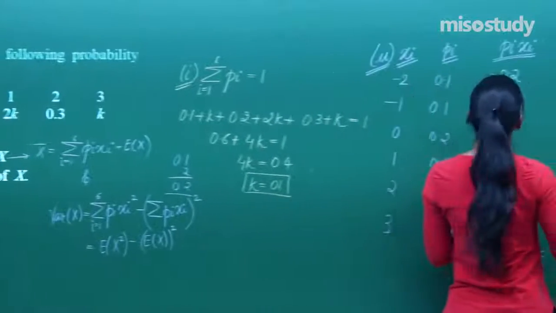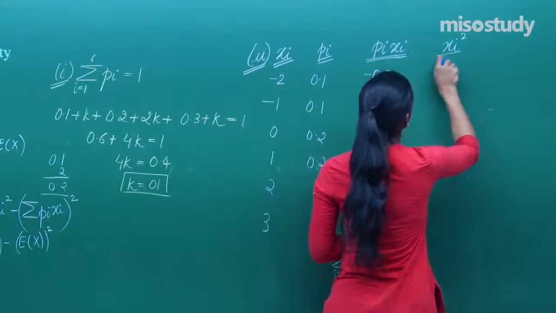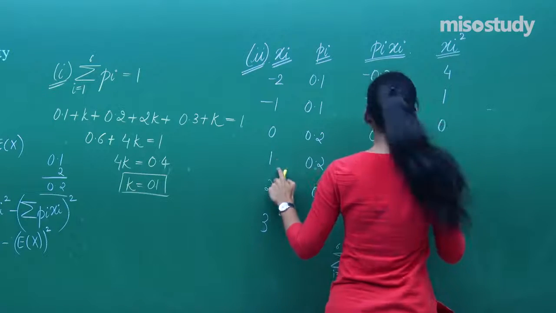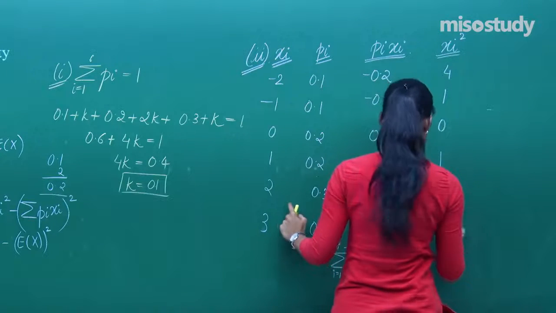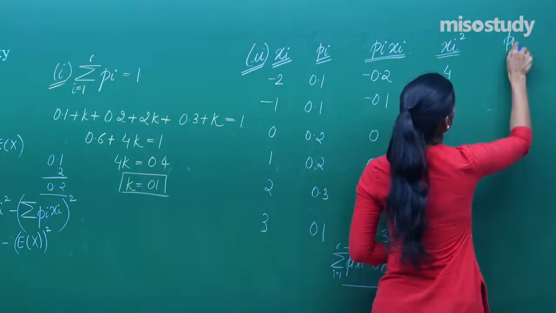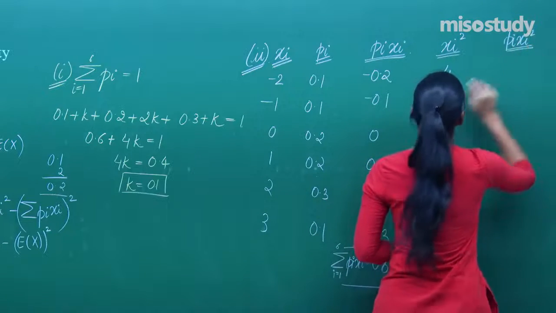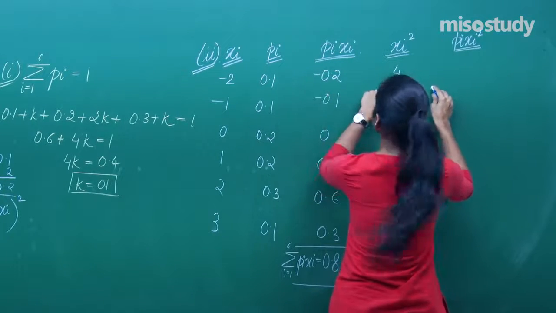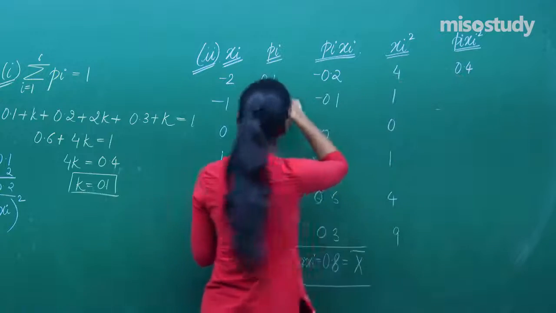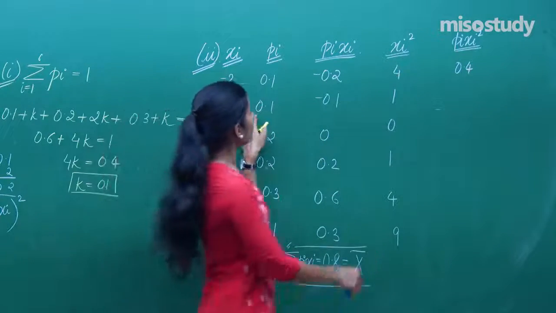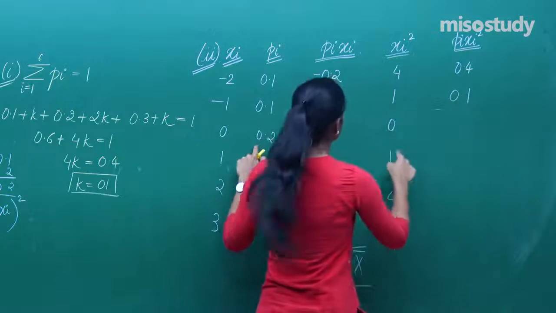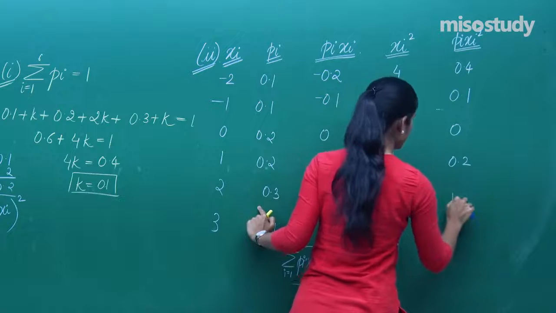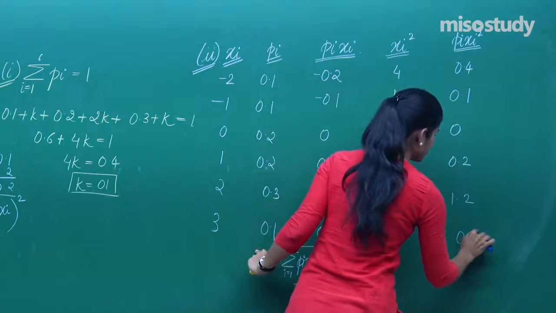Let's talk about the xi squared column. This gives you 4, then 1, then 0, then 1, then 4 and then 9. So what will be pi xi square? This is 0.4, 4 into 0.1 is 0.4. 0.1 into 1. 0.2 into 0. 0.2 into 1. 0.3 into 4 is 1.2. 0.1 into 9 is 0.9.